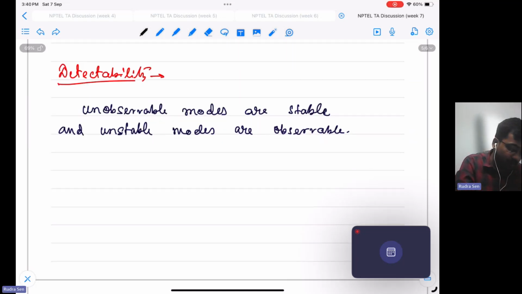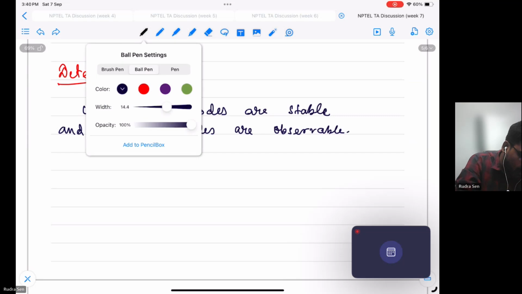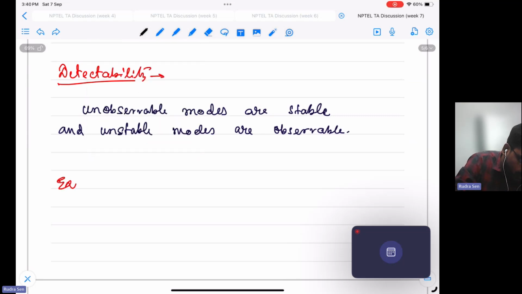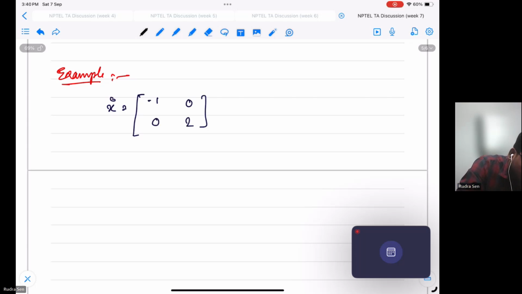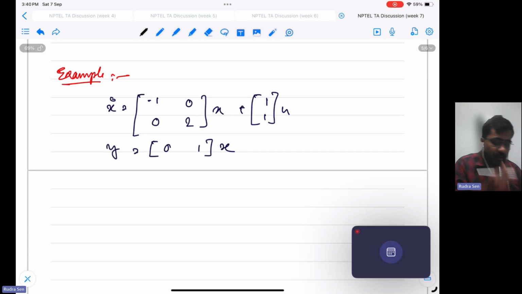Let's see this using a small example. The system is given like this: x dot equals [-1 0; 0 2] x plus [1; 1] u, y equals [0 1] x.